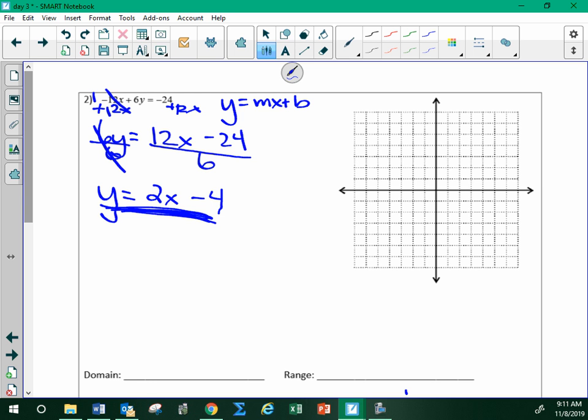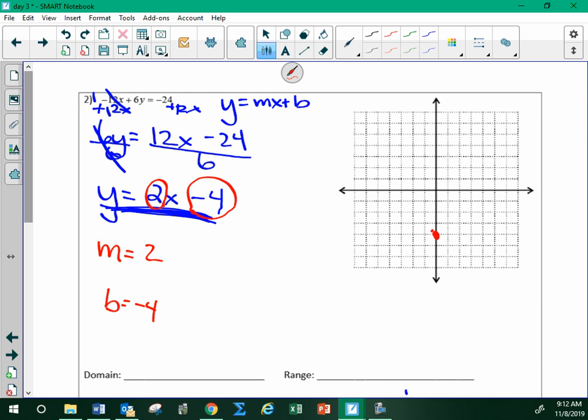Alright, so now we just have to identify our slope and y-intercept. My slope is 2. My y-intercept, negative 4. So I'm going to plot negative 4. I go on my y-axis, down 1, 2, 3, 4. Now my slope, I want it as a fraction.